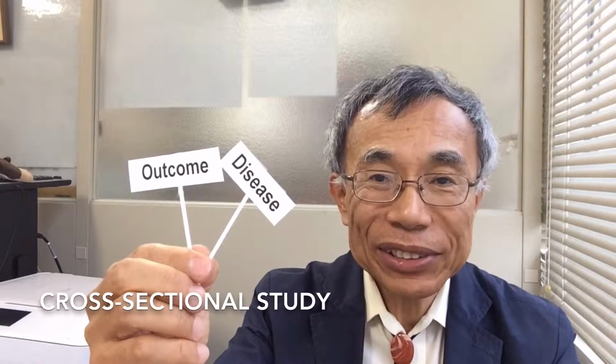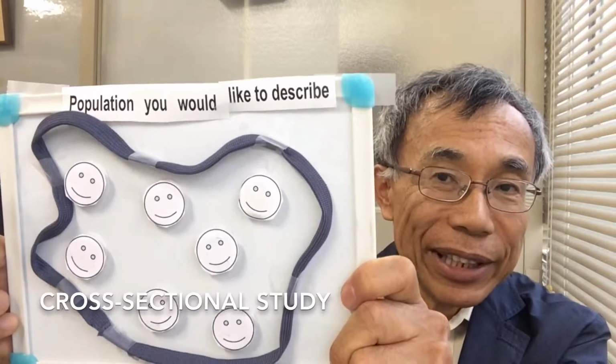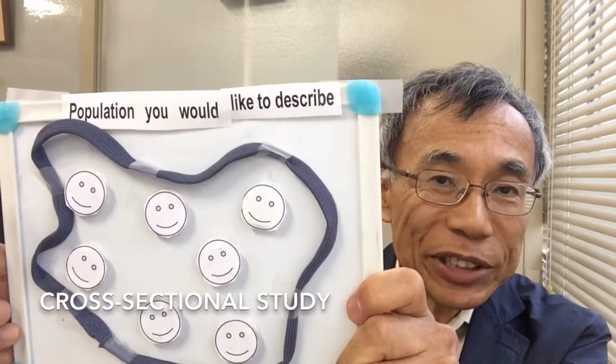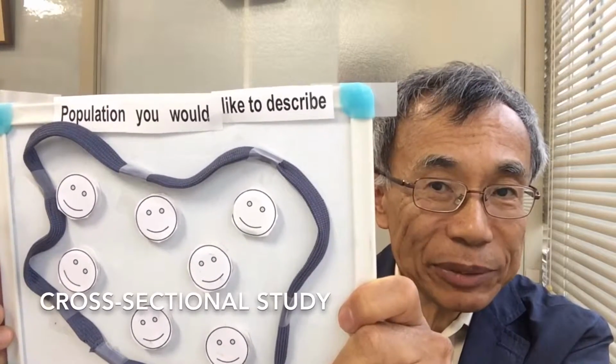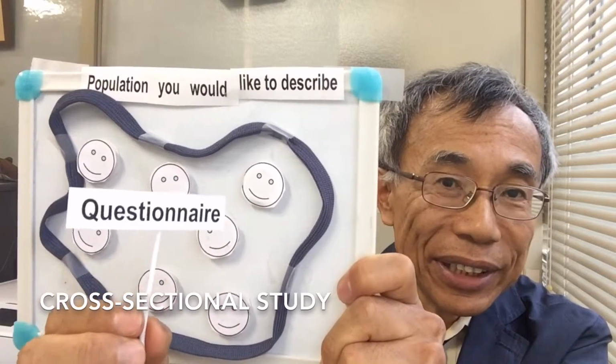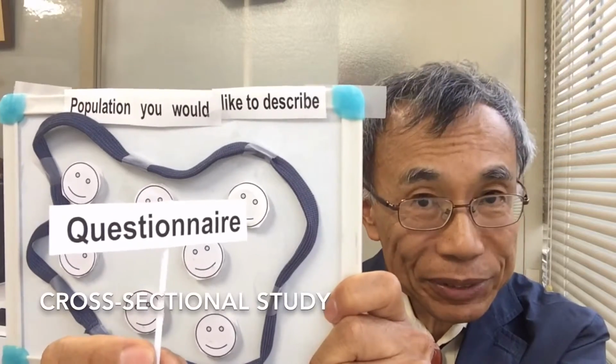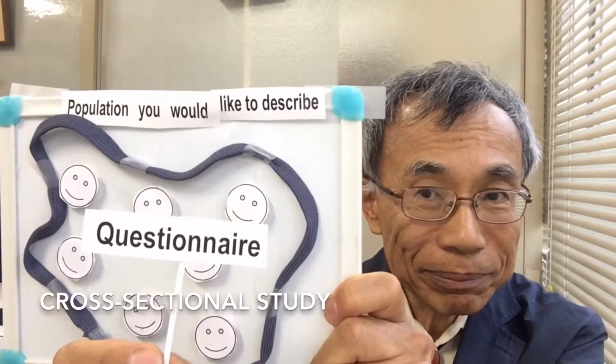Doing a cross-sectional study is convenient and inexpensive. You need to identify some population you would like to describe and then prepare a questionnaire asking subjects' characteristics, age, gender, etc., outcome situations, exposure information, and so on.